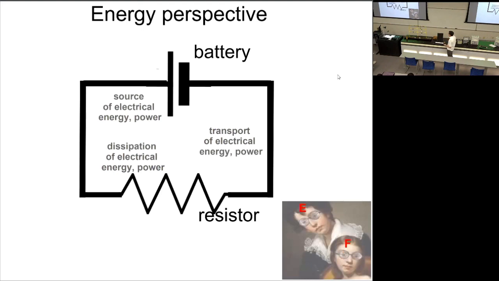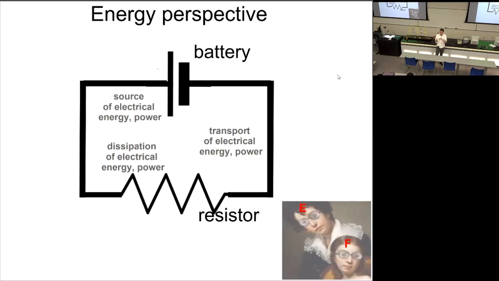The other perspective is an energy perspective. In the energy perspective of the electrical circuit, the battery is a source of energy. It's chemical energy, but it's a source of energy. And the resistor is something that's dissipating energy, actually turning energy into heat.